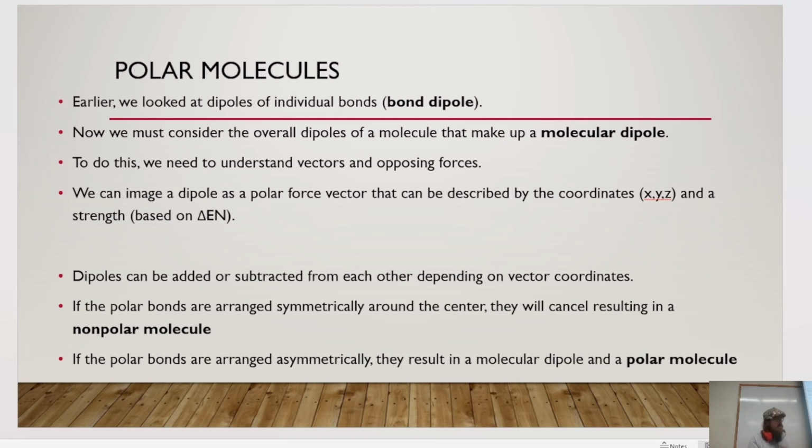And it's really easy to see if you just talk about, say, a carbon hydrogen bond or a carbon fluorine bond or an OH bond. But when we think of the whole molecule, we have to think about how all of the bonds fit together. And that's where we get what's called a molecular dipole.